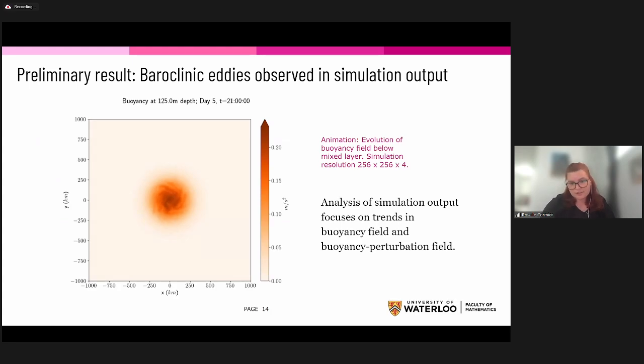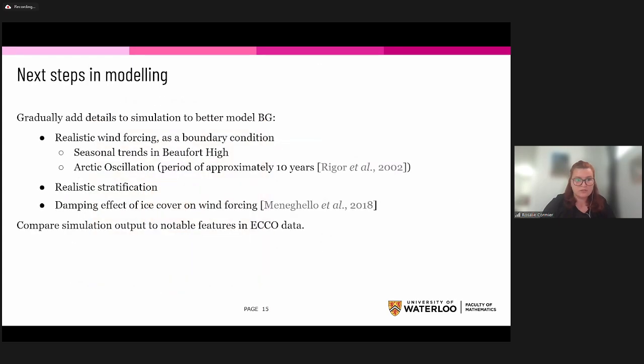So the analysis portion of this project will focus on looking at trends in the buoyancy field, and also in the buoyancy perturbation field. So looking at how strongly the gyre deviates from geostrophy in the long term.